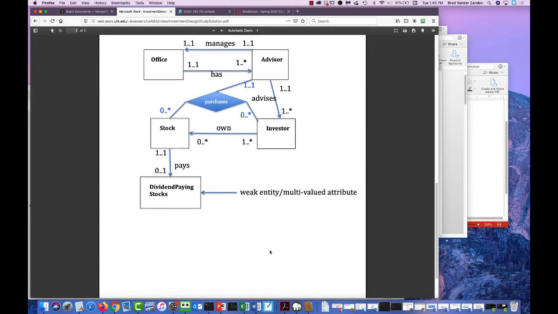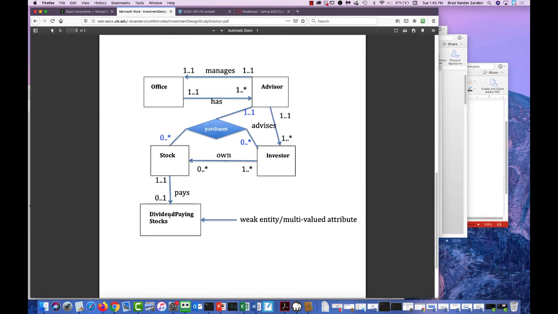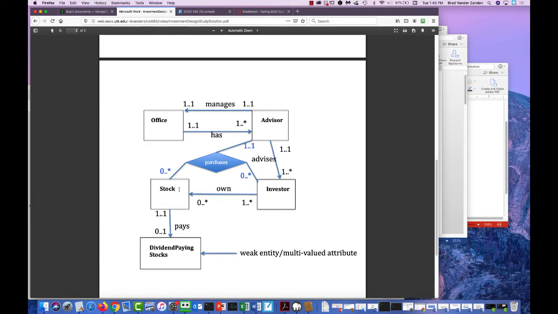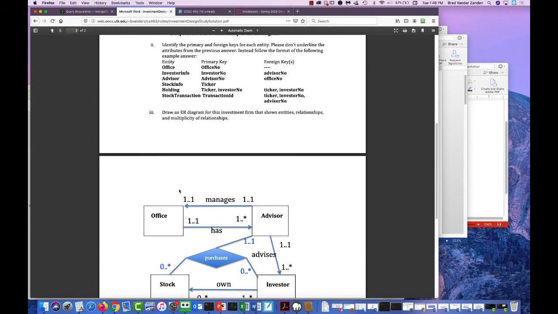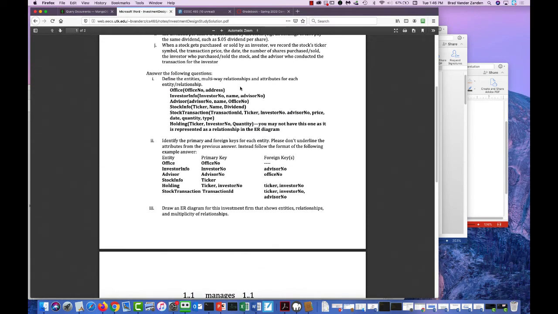Now, down here is a subtle point. I would not ever expect you to have as an entity a dividend paying stock. A stock does not have to pay a dividend. So you might decide to make the dividend field optional. So in a stock we have a dividend here.